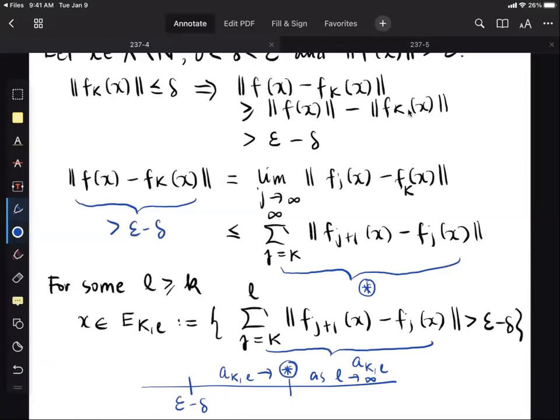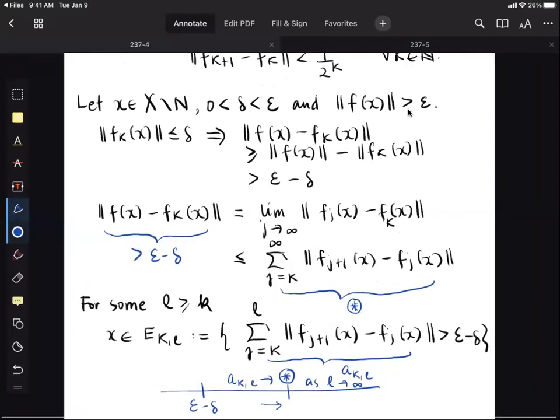So if we make L large enough, we are getting closer to this part. This means that this partial sum here would be greater than epsilon minus delta. Okay.